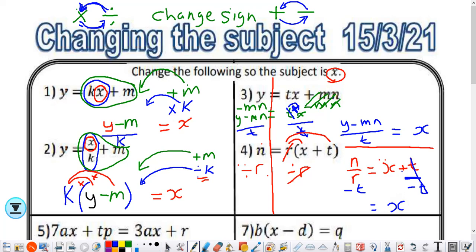Now to read what I've got on the left hand side of the equation, I've got n divided by r minus t. Okay, I don't want to put the minus t on the top of the equation, okay, because that's coming after what the r is doing to the n. So it's n divided by r minus t equals x. And that's my answer to question 4.